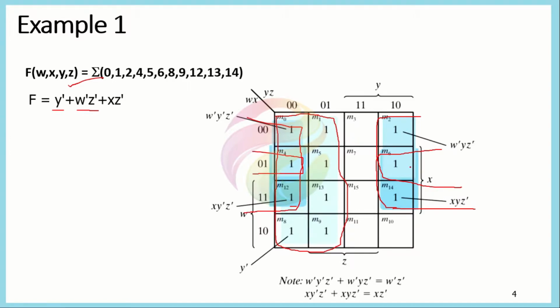Both of them combined form 4 adjacent ones, and 4 adjacent ones can now be represented in 2 literal terms as X Z complement.